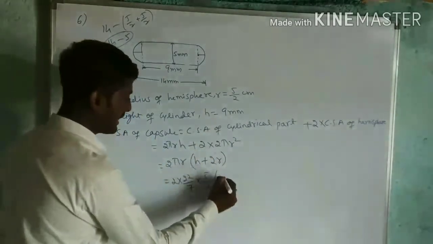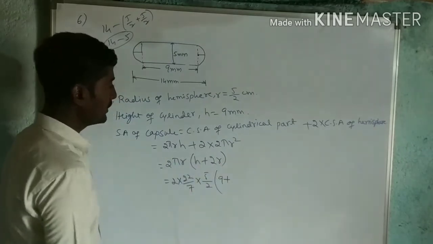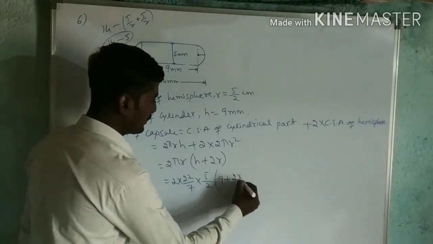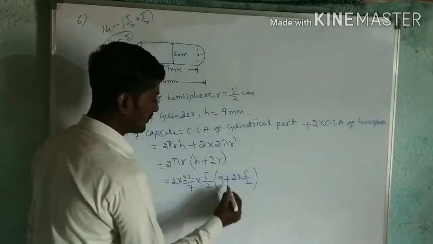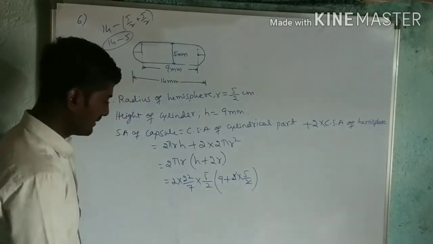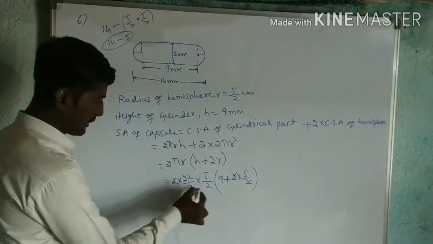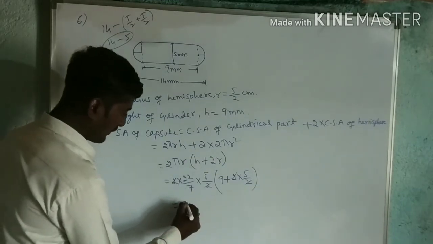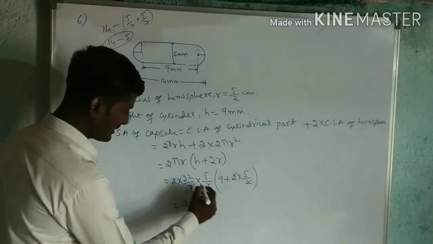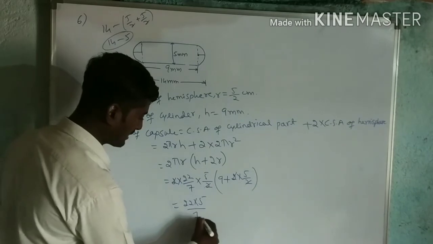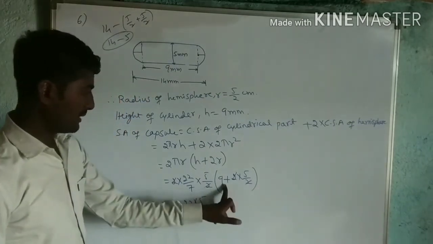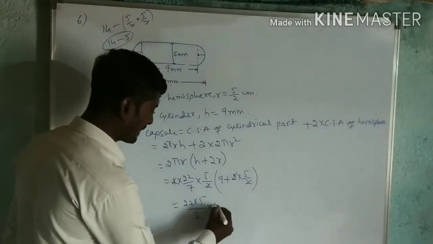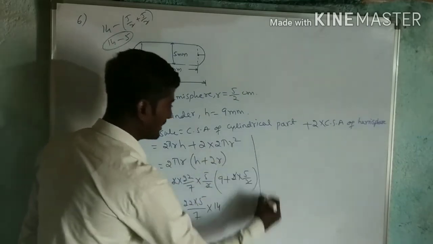The h value is 9, plus 2 into r, and 2 into r value is 5 by 2. So the 2 gets cancelled, and this 2 and this 2 get cancelled. 22 into 5 divided by 7 into 9 plus 5, how much is it? 14.